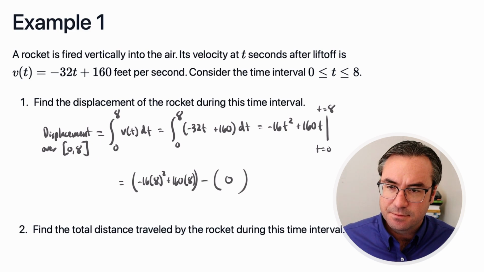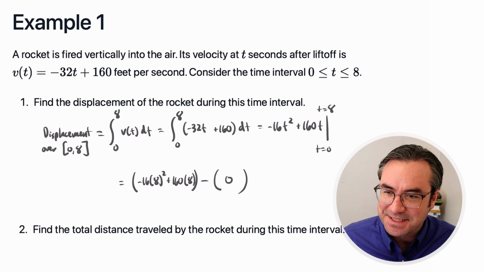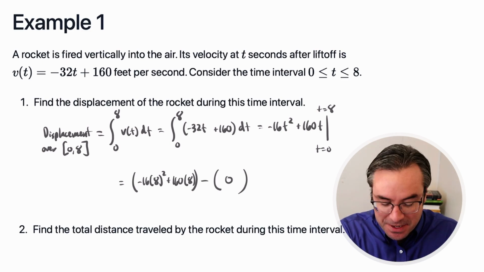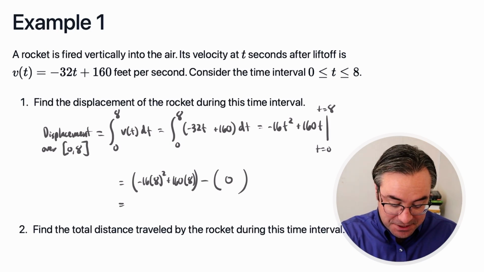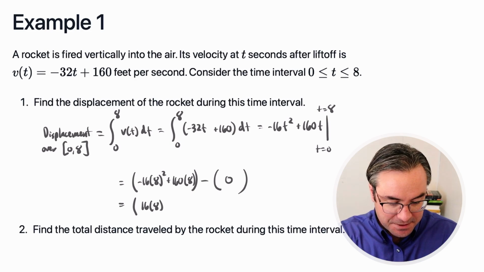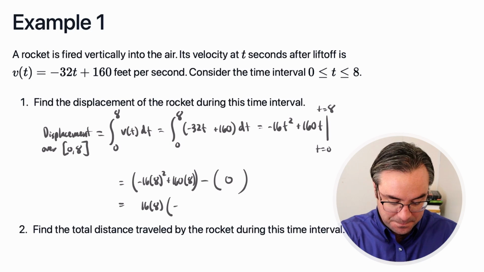It's perfectly fine to just leave your answer like this. Trying to think if I can simplify it. I don't have my calculator here. So we could factor out, let's just see, I'm kind of curious what we get. If we factor out 16 times 8, we get 16 times 8 times, and what we're left with here is a negative 8 and then a positive 10.